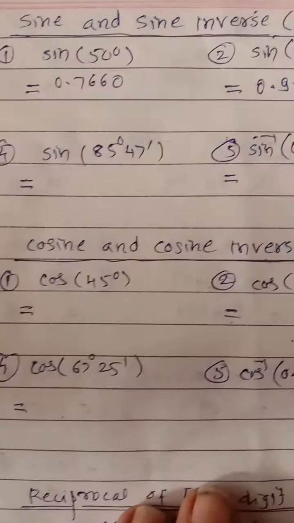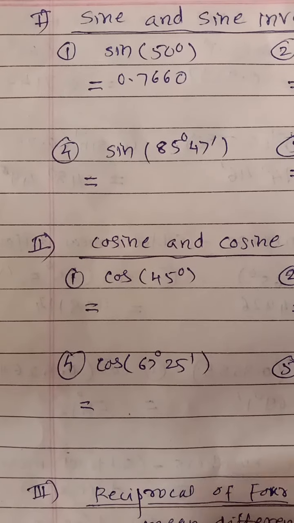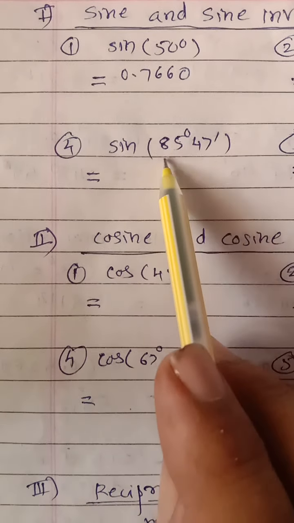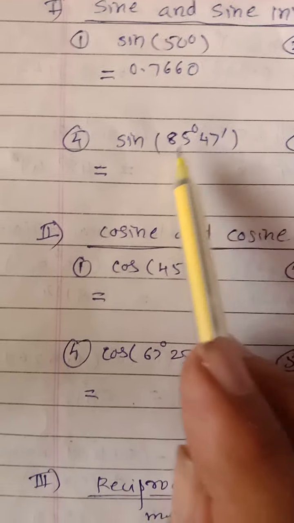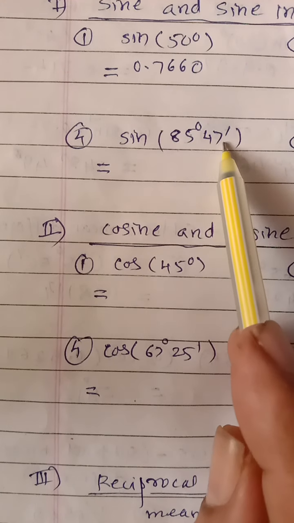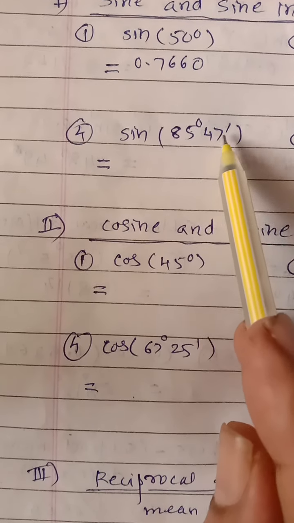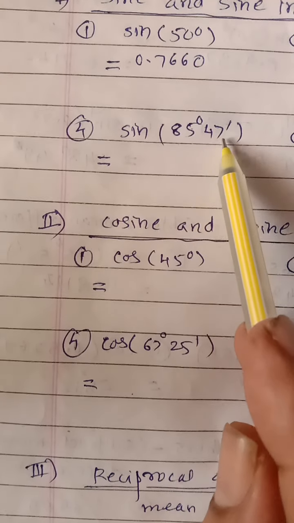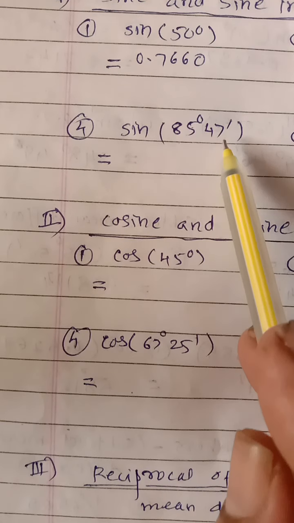Similarly, again we will consider a similar example, that is numerical number 4, that is 85 degrees 47 minutes. Now for this 85 degrees, in the very first column we will find it, and then here it is 47 minutes, but in our table the value less than 47 is 42 minutes.